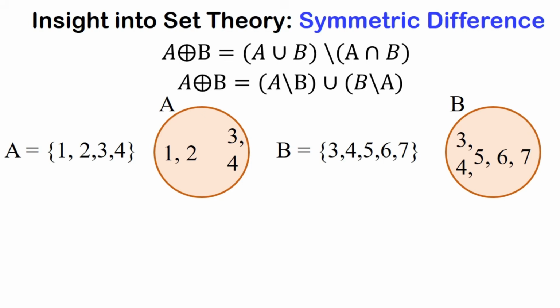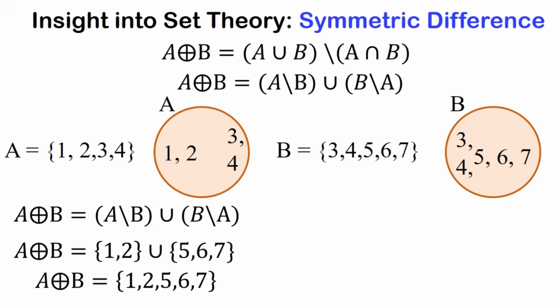We can use any of the two definitions, but let's use the second one, as you can have it in your lecture notes. A symmetric difference B is A difference B union B difference A. From here, what is A difference B? Remember, 9 minus 4 is equal to 5, and that 5 is in 9, the first one.